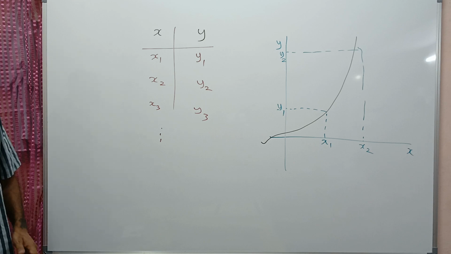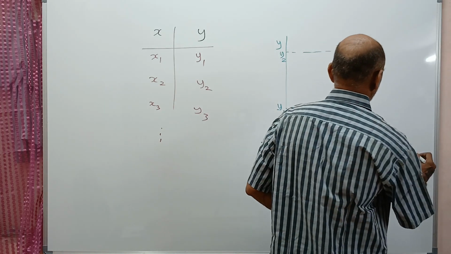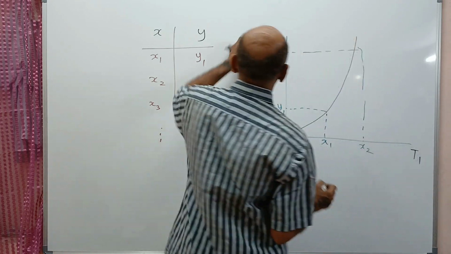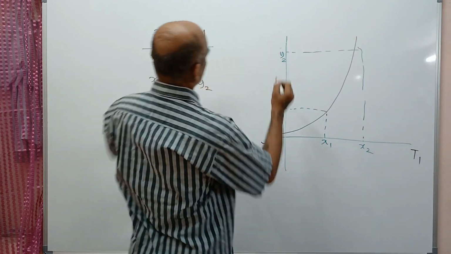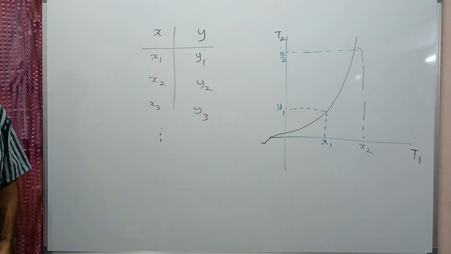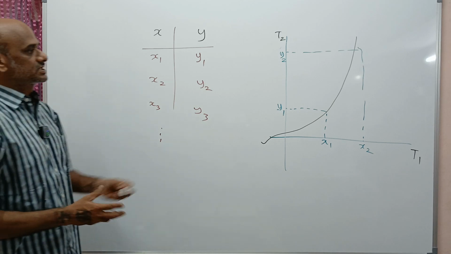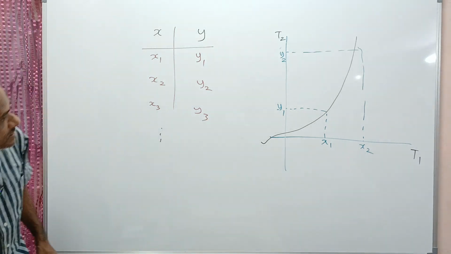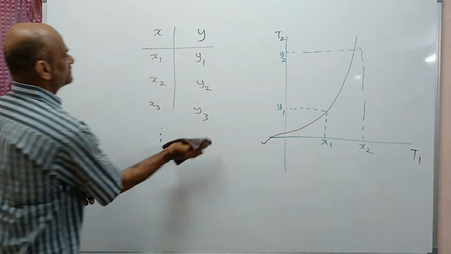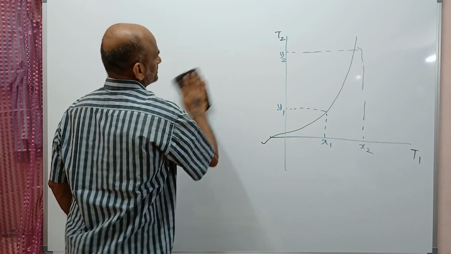So similarly, if you have two temperature scales, say T1 and T2, we can plot those values on the two axes, and the relationship between them is known if this curve is known. The simplest curve we can have is a straight line.